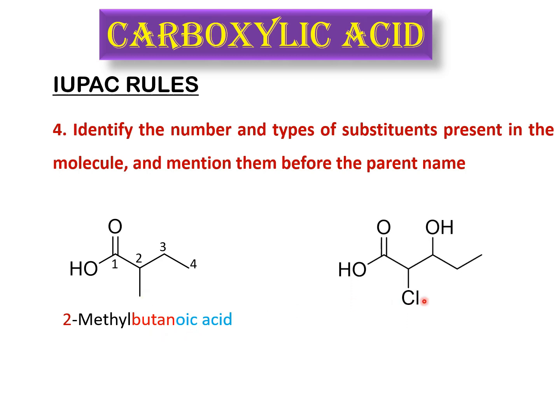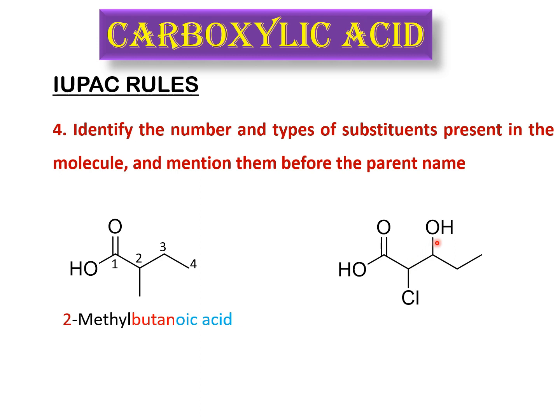This is a molecule with two different substituents on the carbon chain. First, you have to select the longest chain. So we have 5 carbons in the chain with the carboxylic acid functionality. So it's a pentanoic acid with a hydroxyl group at carbon number 3 and a chlorine atom attached at carbon number 2.